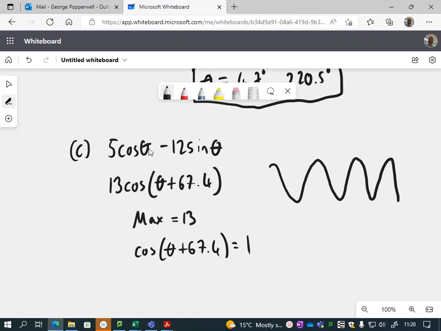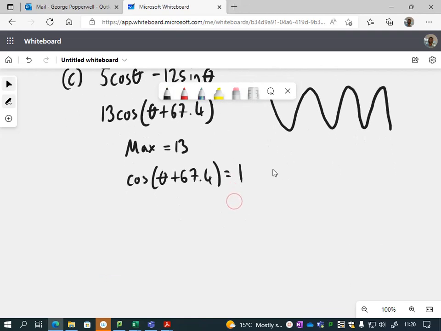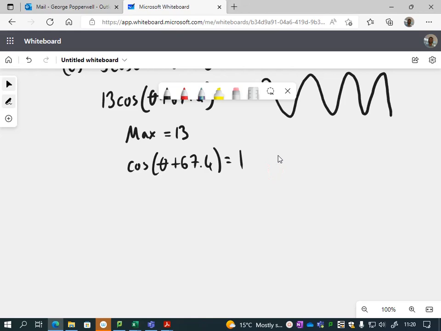To find the value of theta when it happens, I need to solve this. So theta plus 67.4 is equal to 0. Your calculator will give you 0, but I notice straight away, if I've got 0 and I take 67.4 off it, I've got negative 67.4, which isn't in the range I wanted. I wanted between 0 and 360.